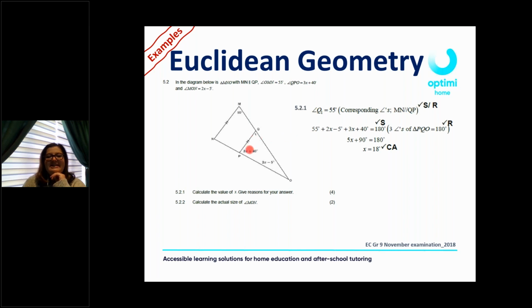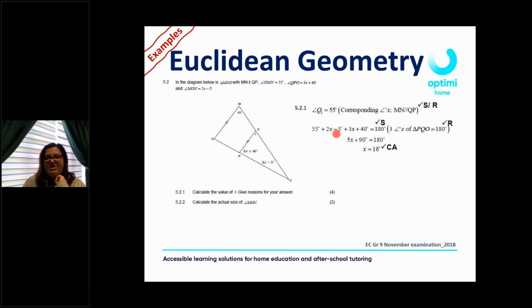Then now you have all three of your angles over here, and you know by adding them together, it should be 180 degrees. Why? Because the sum of the interior angles of a triangle is equal to 180 degrees. So you will say 55 plus 2x minus 5 plus 3x plus 40.